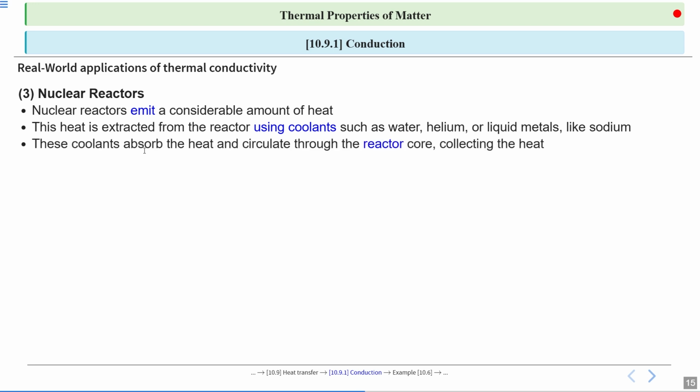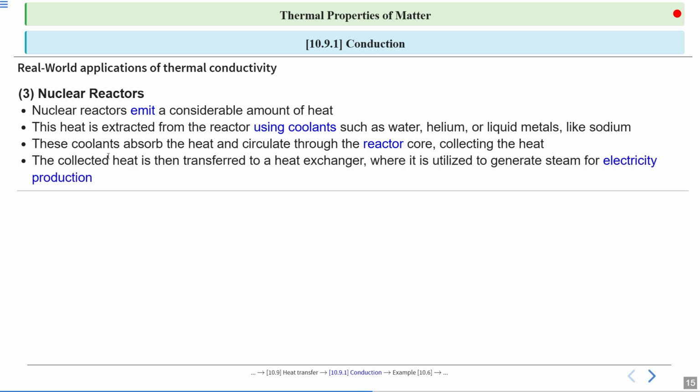These coolants absorb the heat and circulate through the reactor core, collecting the heat. The collected heat is then transferred to a heat exchanger where it is utilized to generate steam for electricity production. So, these are the real world applications of thermal conductivity.